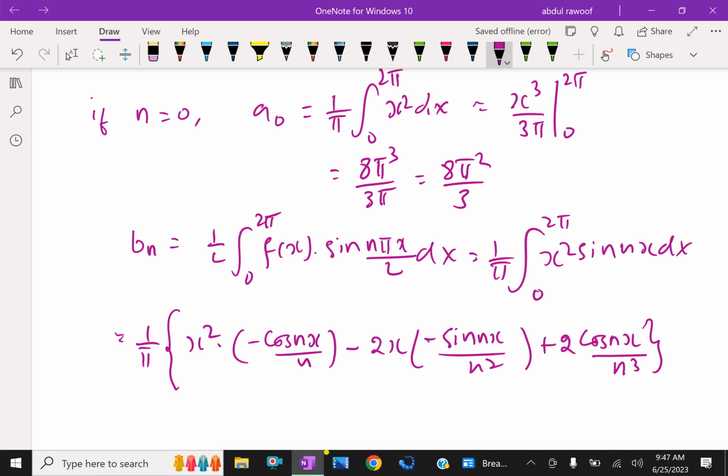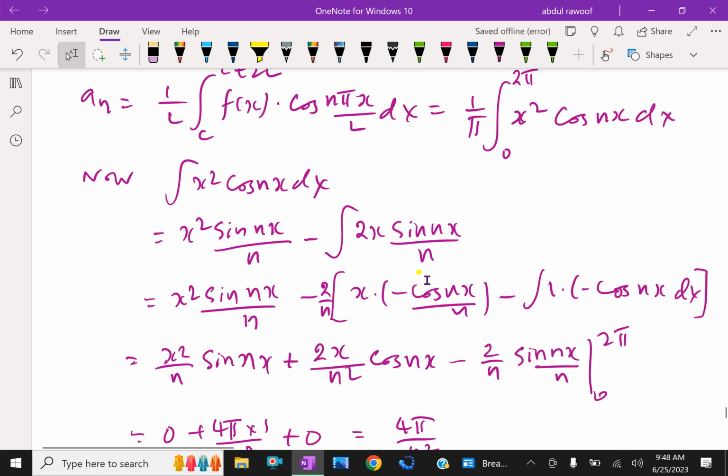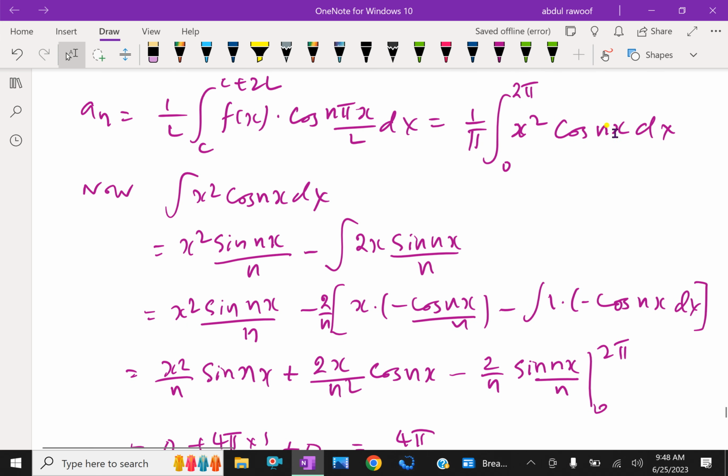Therefore, the limit is 0 to 2 pi. That means previously I explained about integration by parts of this function.